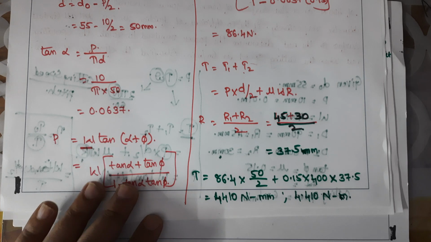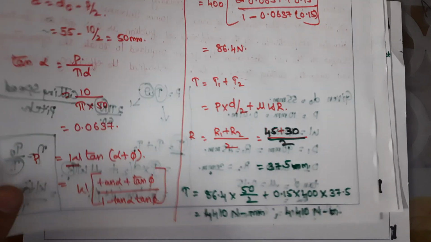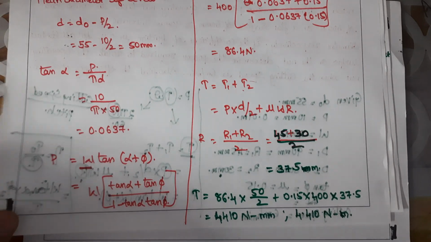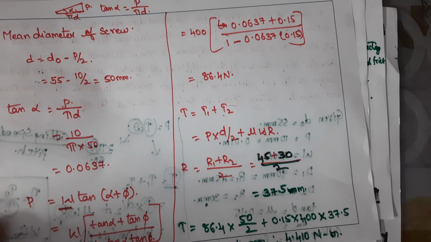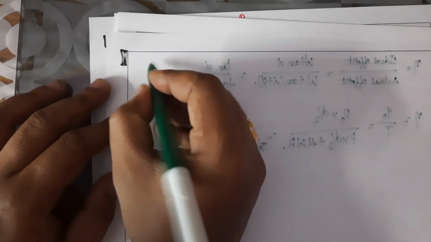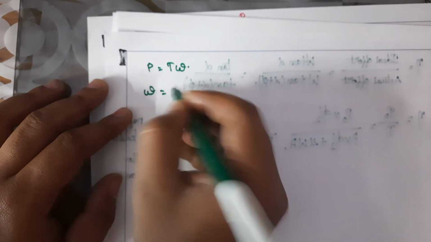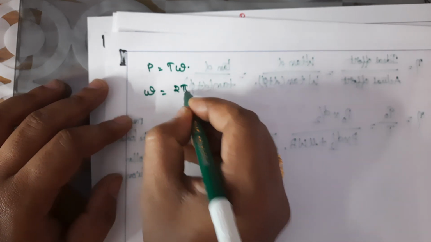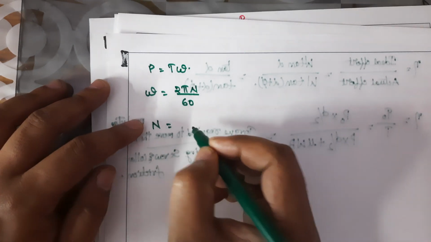Just check these values and let me know if I made any calculation mistakes. The next thing we have to do is calculate the power. Power is equal to torque into omega. For calculating angular speed, 2 pi n by 60, where n is equal to cutting speed by pitch.